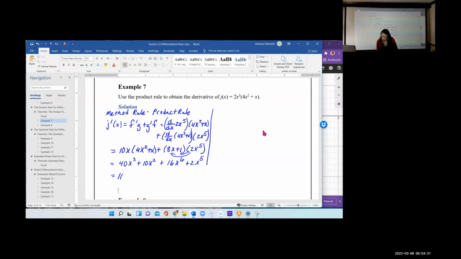And if I rearrange it and put it in descending order, I get this. All right, which works okay for binomials.